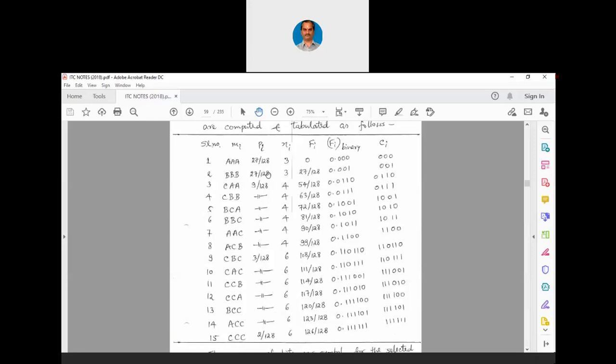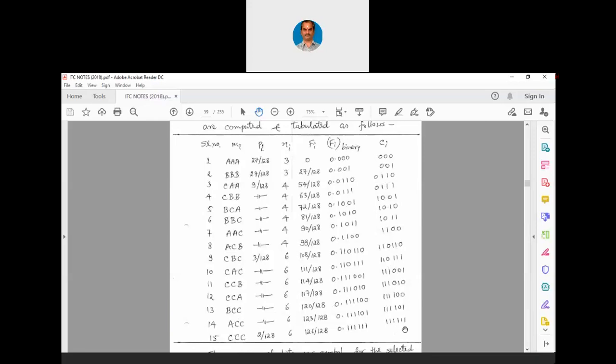Finally, for the very first two sequences, AAA and BBB, we get the answer 000001. For other things, 4 bits, we are getting 0110, 0111, that way it goes on till 1100. For the remaining sequences from CBC till CCC, 110110 till 111111.